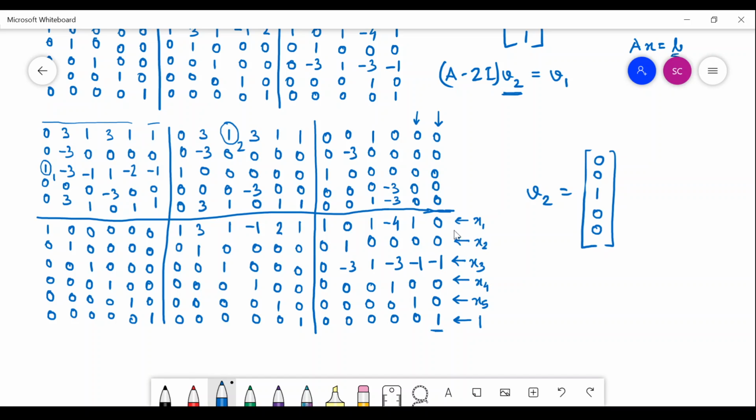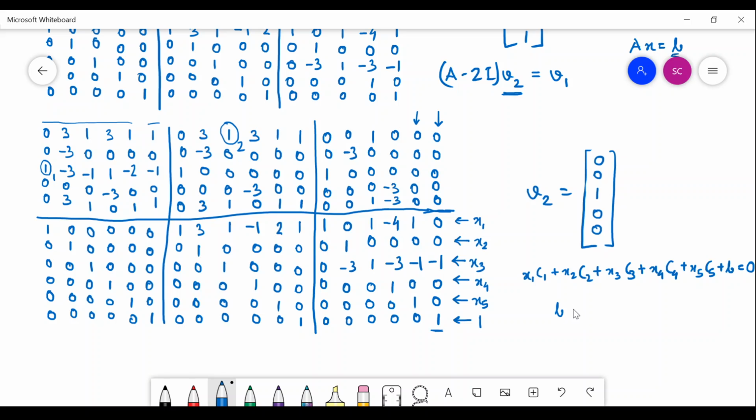1, because this is actually saying that x1 c1 plus x2 c2 plus x3 c3 plus x4 c4 plus x5 c5 plus b equals 0. So if these are x1 x2 x3 x4 x5 and this is 1, then x1 c1 plus x2 c2 plus x3 c3 like this plus b equals 0.